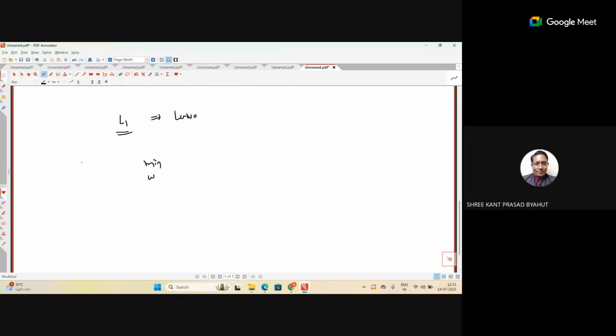It is argmin over W of the summation from i equal to 1 to n of (W transpose xi minus yi) square, plus lambda times the absolute value of W. What is the change here? It is not the L2 norm; now we are actually using the L1 norm.